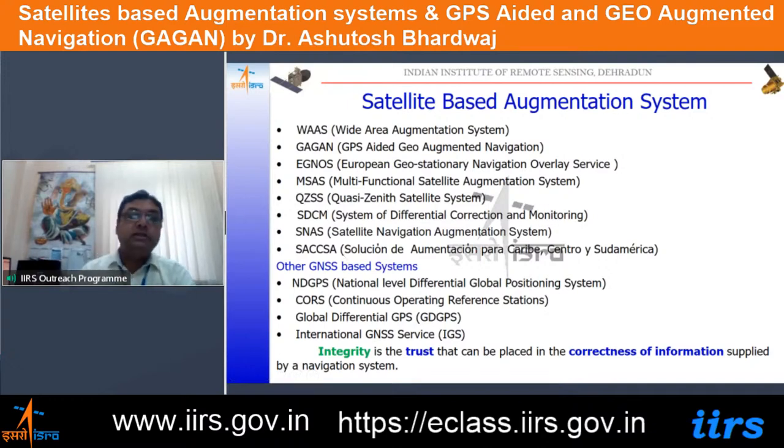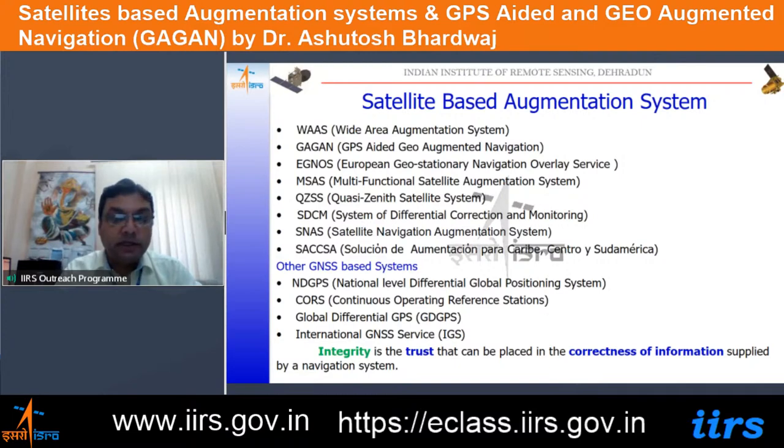Now, when so many systems are there, as we discussed earlier, we have systems in the space segment which consist of so many satellites belonging to different nations and constellations, like GLONASS of Russia, Navstar GPS of the US, BeiDou of China, Galileo of the European Union, IRNSS of India, and QZSS of Japan. All these are working together with the system.